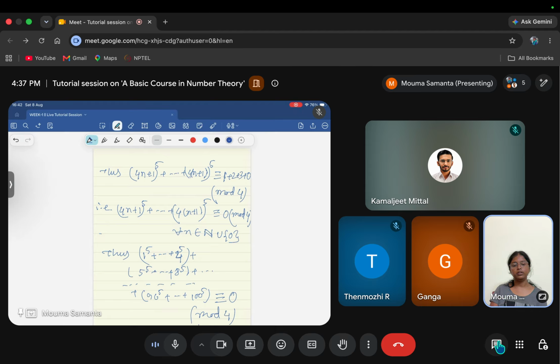So what will be the remainder of the given expression when dividing it by 4? That is 0. That means the sum of fifth powers of all natural numbers up to 100 will give you remainder 0 when it is divided by 4.